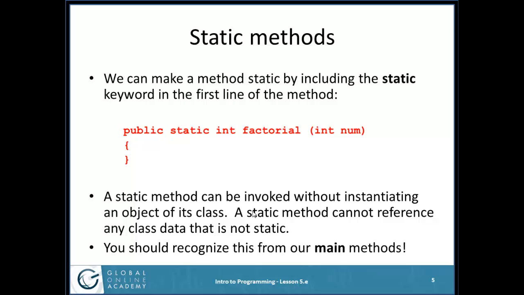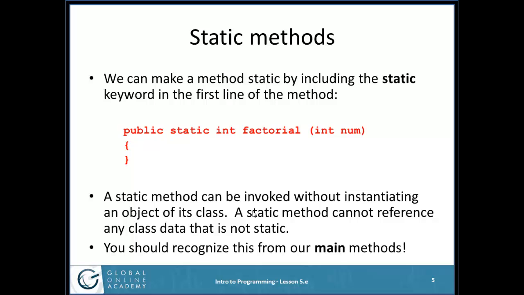That means I couldn't get anybody to deposit anything unless I already had a checking account created. And then I'd say, hey, you, checking account, deposit something into yourself. A static method can be invoked without ever instantiating an object of the class. That means a static method can't reference any class data that's not static.